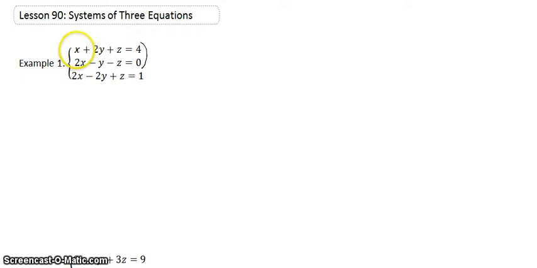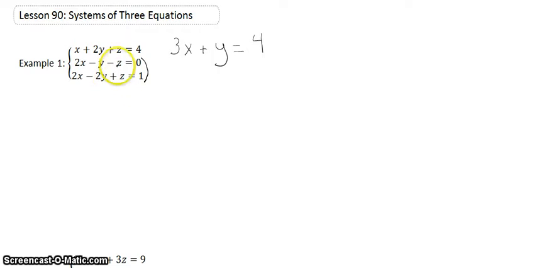So I'm going to have x plus 2x, so that'll give me a 3x. And then I'll have 2y plus a -y, so that'll be plus y, or 1y. And then my z's cancel, and then 4 plus 0 is 4. Okay? So then, the next two equations I'm going to combine are the bottom two.